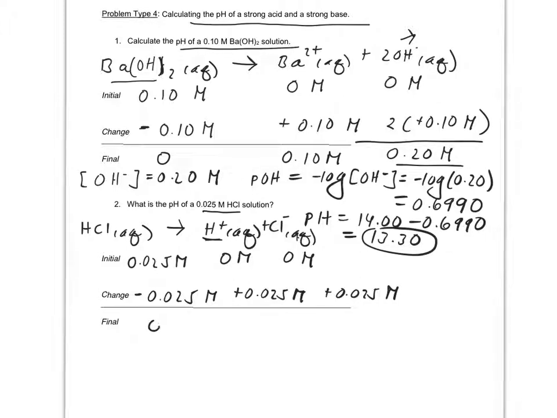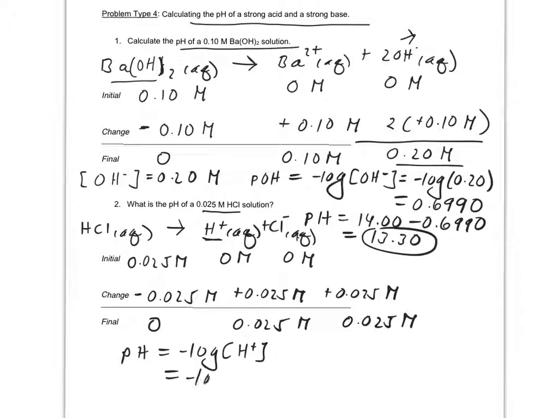So we have none of our HCl molecule, 0.025 molar of H plus, and 0.025 molar of our Cl minus. This is pretty straightforward to calculate our pH. We're going to take the negative log of our proton concentration, and that is negative log of 0.025, which gives us a pH of 1.602 for this solution.